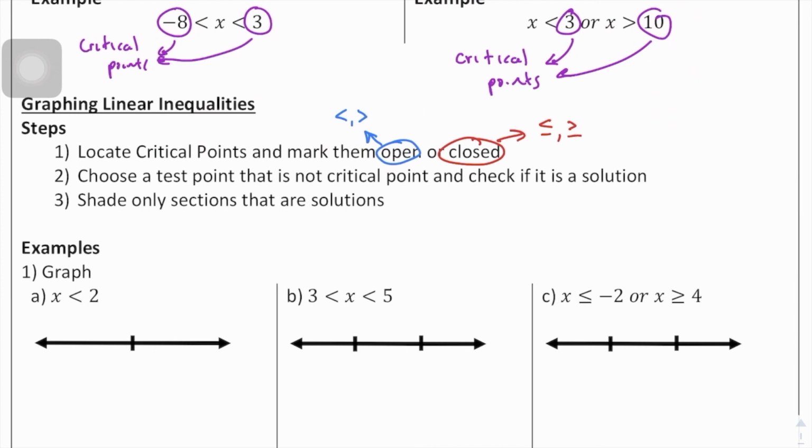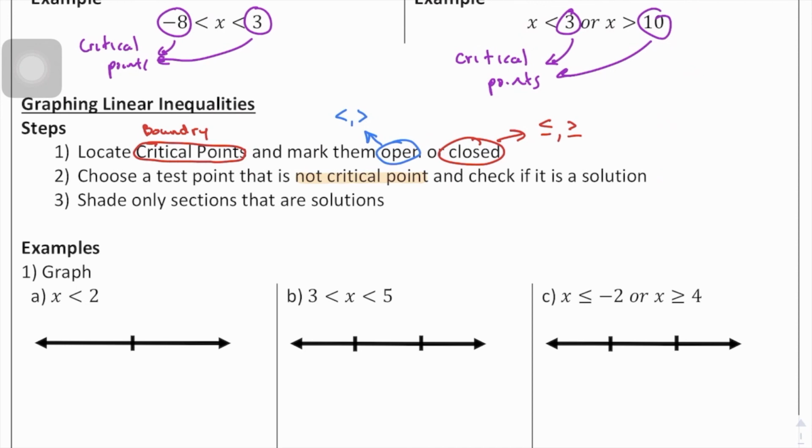Then you choose a test point that's not a critical point, and check to see if it's a solution. If it is a solution, you want to shade that section. Critical points are sometimes known as boundary points. They're the borders, and they give us insight as to how to divide up the number line.